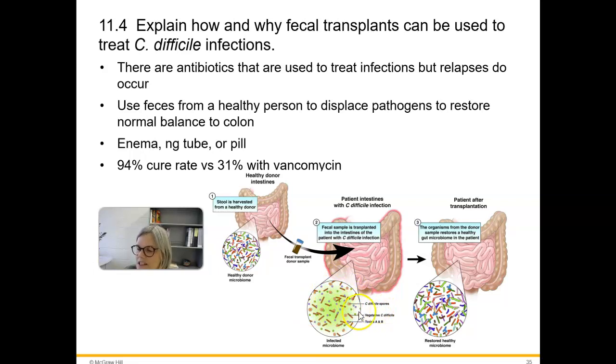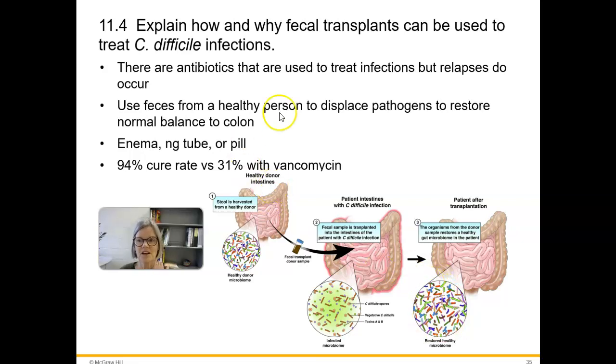There's a lot of C. difficile, there's vegetative cells and endospores, and this bacteria also makes some exotoxins. So there's all sorts of bad things going on with this patient with C. diff. But once they put the healthy feces in that person, they can restore this to a healthy microbiome.